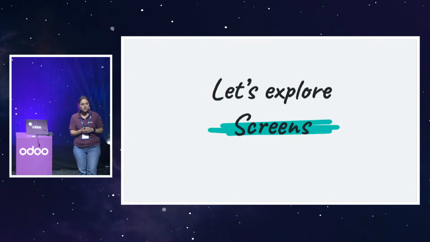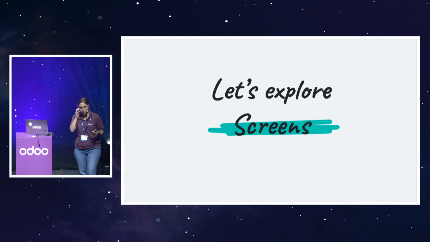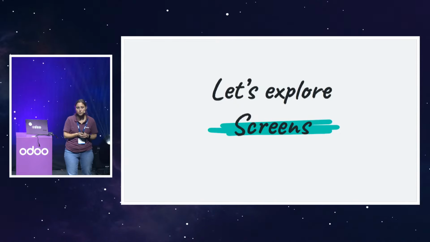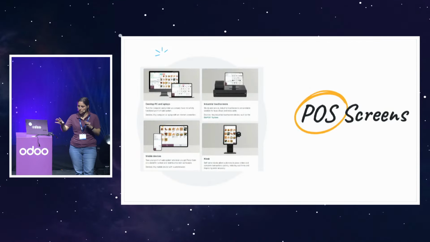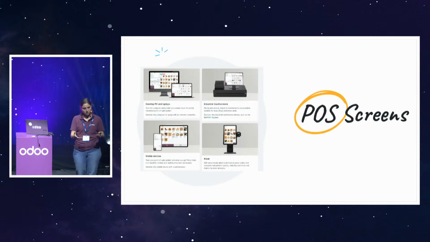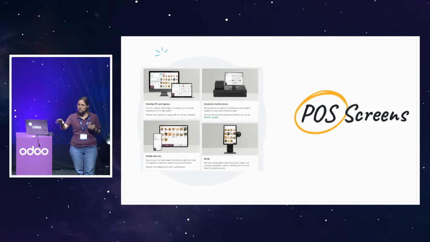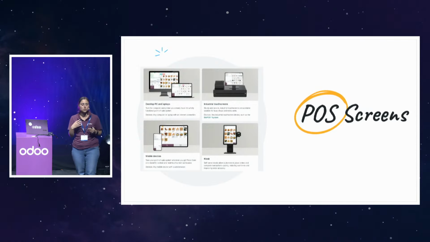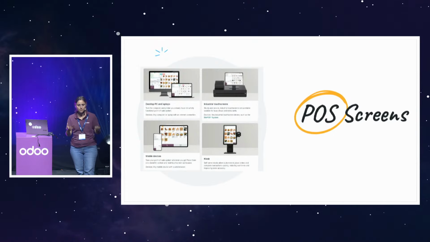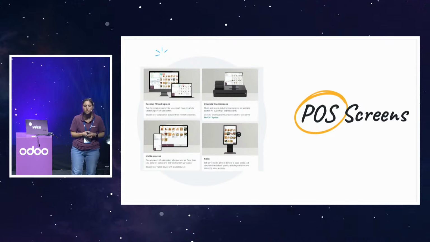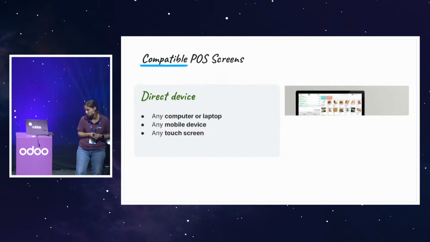Good. So let's get into the hardware now that we have the principles. Let's discuss first the screens. When I speak about POS screens here, I am speaking about the screen that the cashier is going to see, the screen on which he's going to take the order of the client. It's basically where we are going to open the POS front end of Odoo.